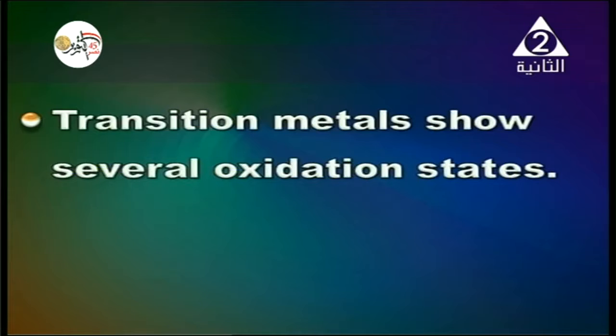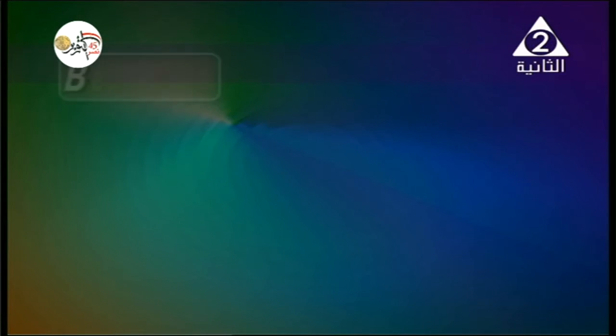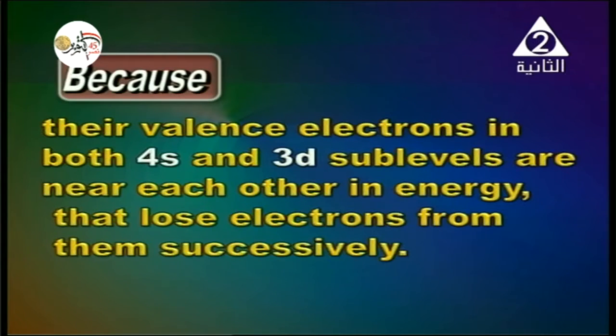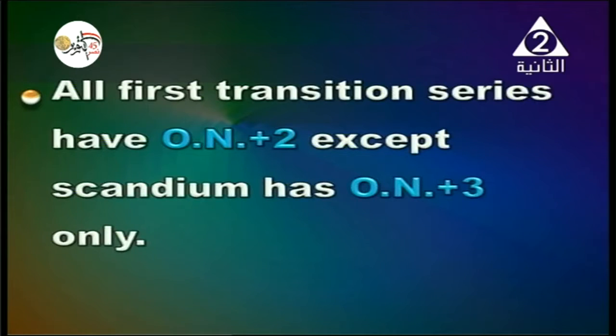Next point. Transition metals show several oxidation states. The reason for that, because their valence electrons in both 4s and 3d sublevels are near to each other in energy, so they lose the electrons from them successively. Next point.